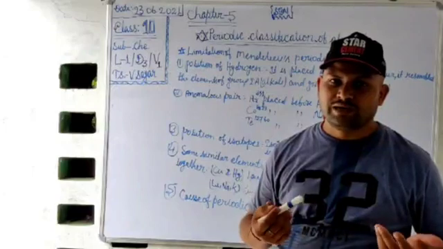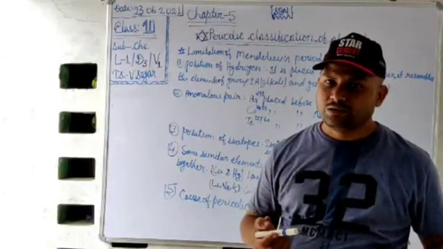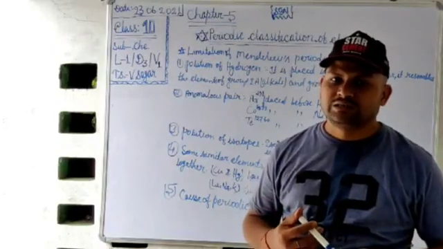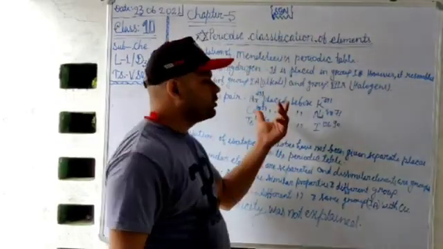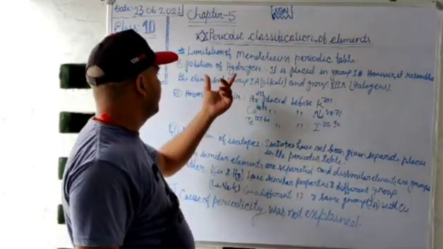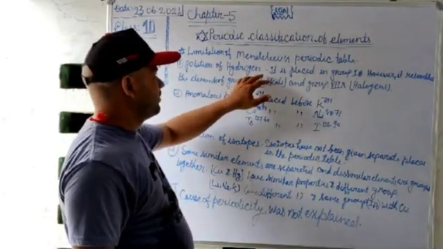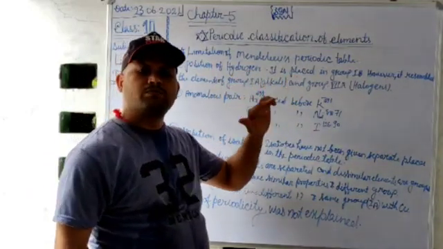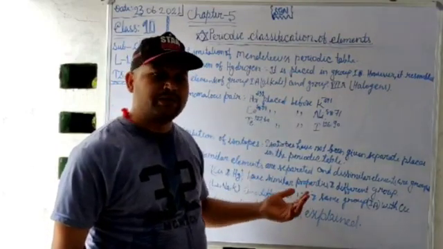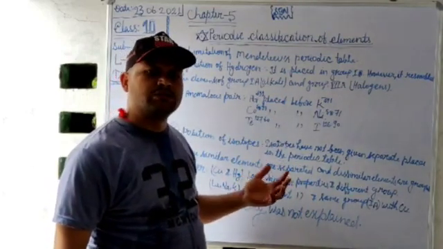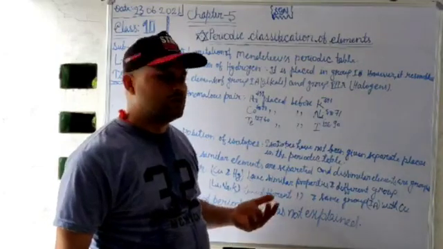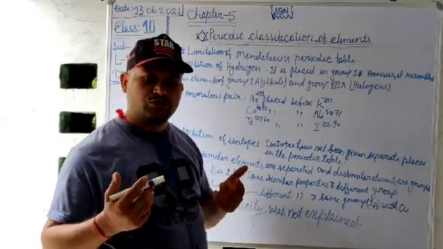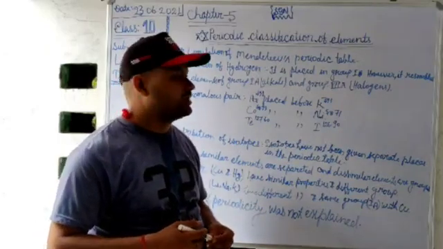So it could be kept either in group 1A or group 7A, but it doesn't fit. It is very difficult to decide whether it belongs to group 1A elements, group 1B elements, or group 7A elements. So the position of hydrogen is a drawback of Mendeleev's periodic table.